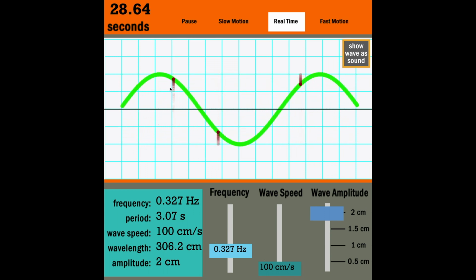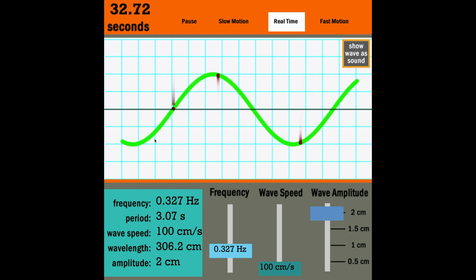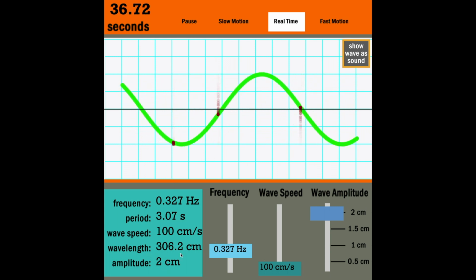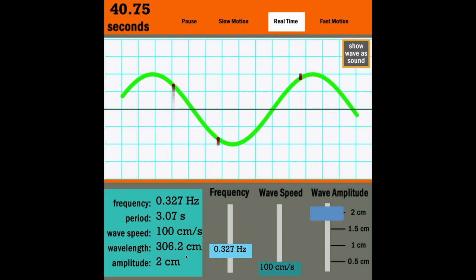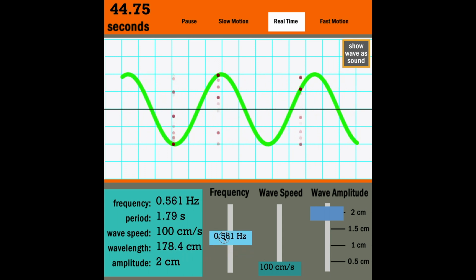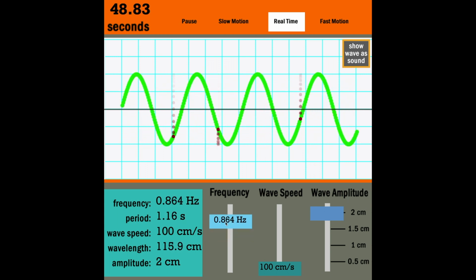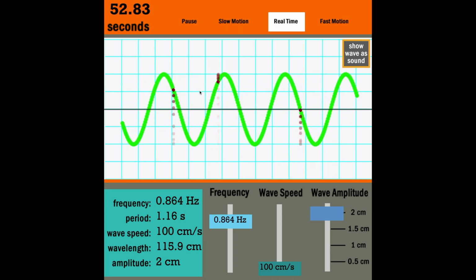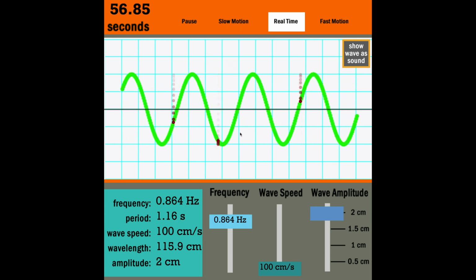You see that these particles of, if you want, light are moving through space. Now, when I decrease the wavelength, take a look, it's 306. Now I'm changing it to 115. And you can see that these crests are much closer together. There's much more energy packed into this wave.